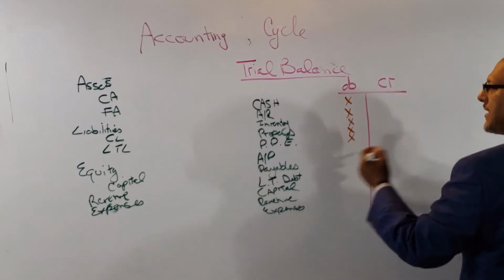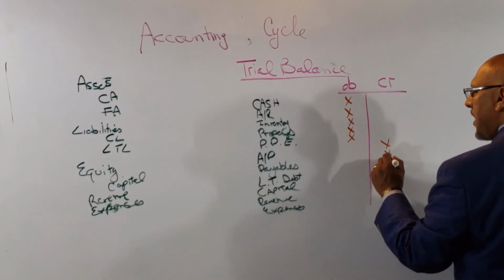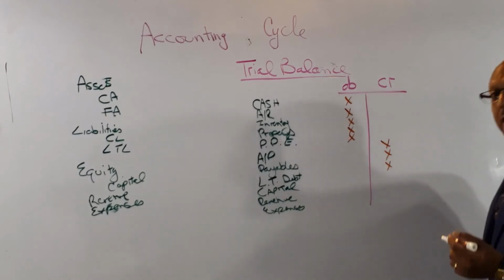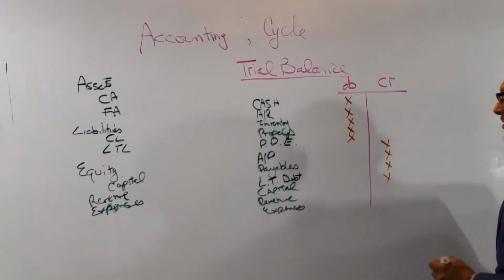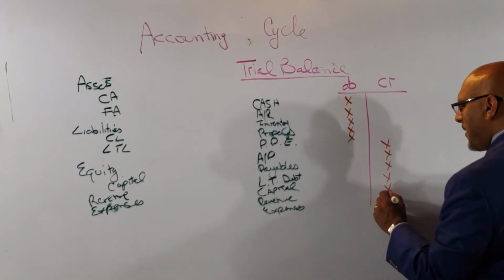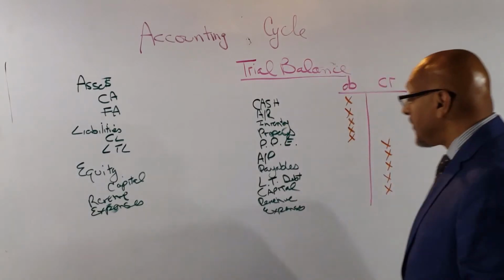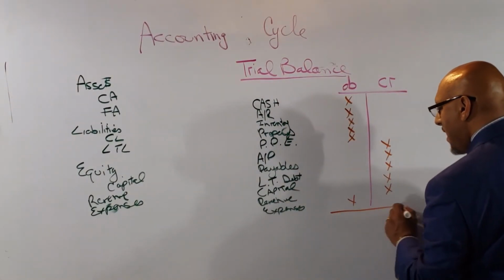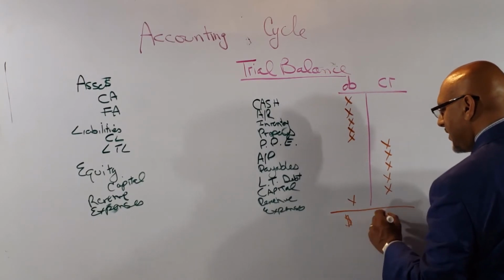AP, as a liability, will have a credit balance. And other payables will have credit balances. Your long-term debt, which is a liability, has a normal credit balance. Capital will also have a normal credit balance. Revenue always has a credit balance because you never, ever debit revenue. And expenses typically have a debit balance. And when you add these together, this number here should equal this.